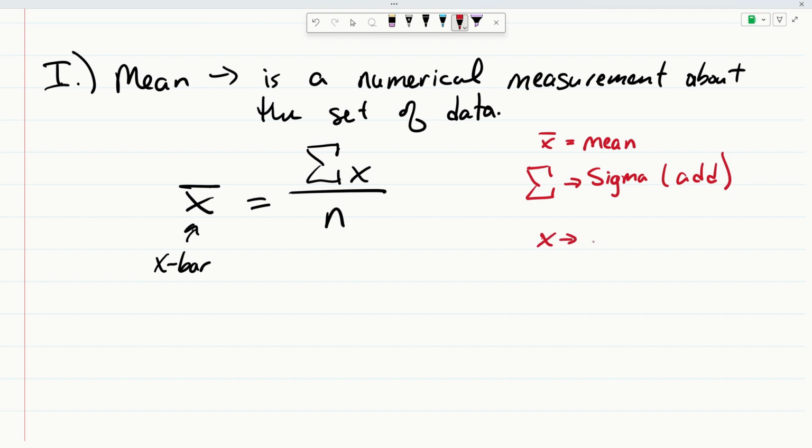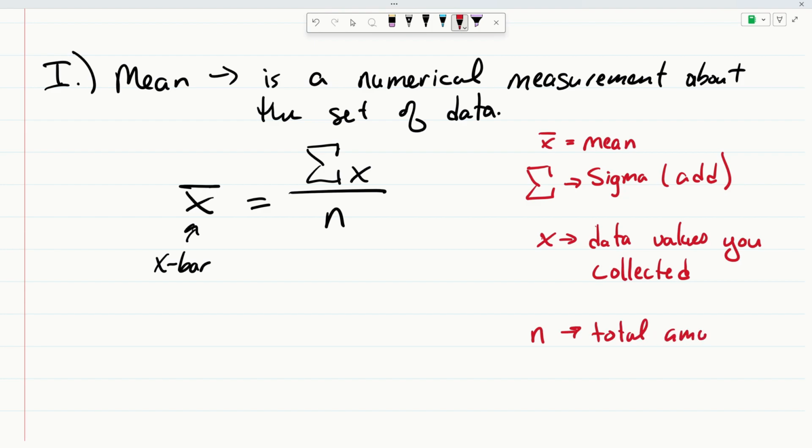X are going to be the data values you collected, and N is the total amount of data values. So now that we know what each one of these symbols represents, hopefully this formula makes a little bit more sense.